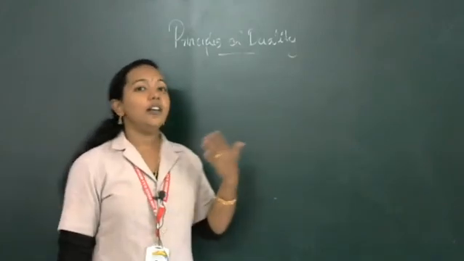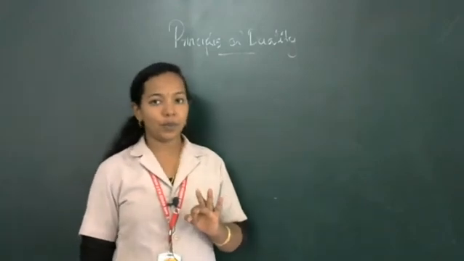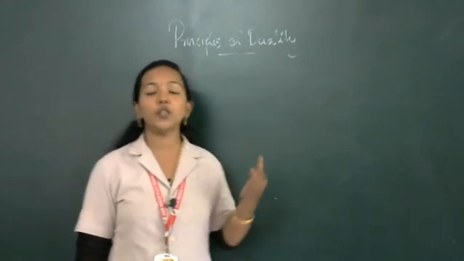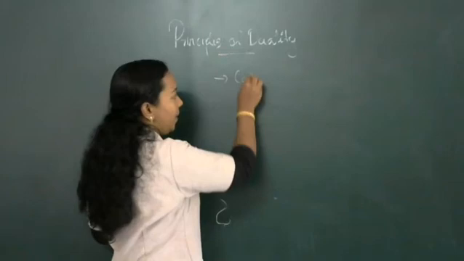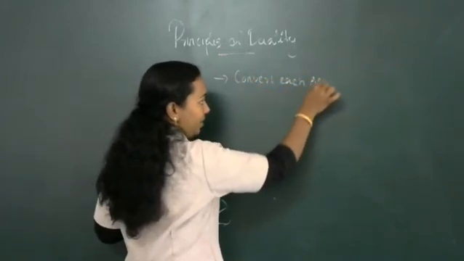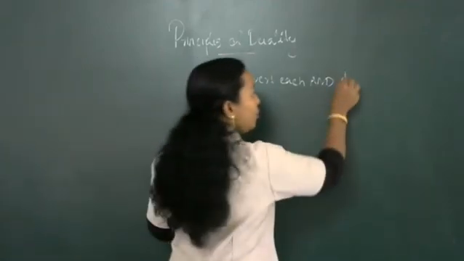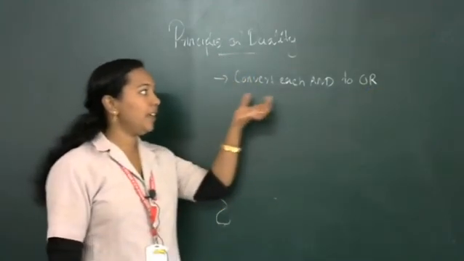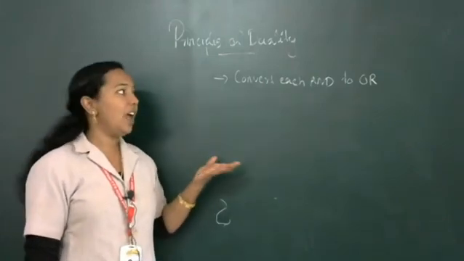To find the dual of a Boolean expression, you want to follow 3 steps. The first step is to convert each AND operation to an OR operation. How can we convert AND to OR?